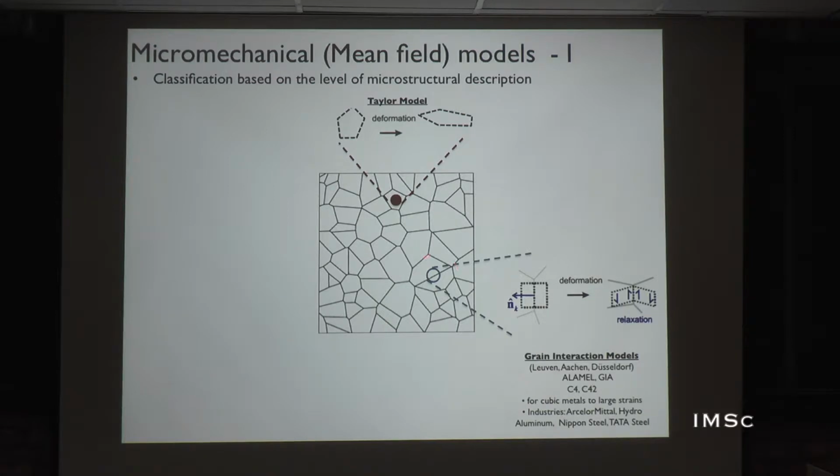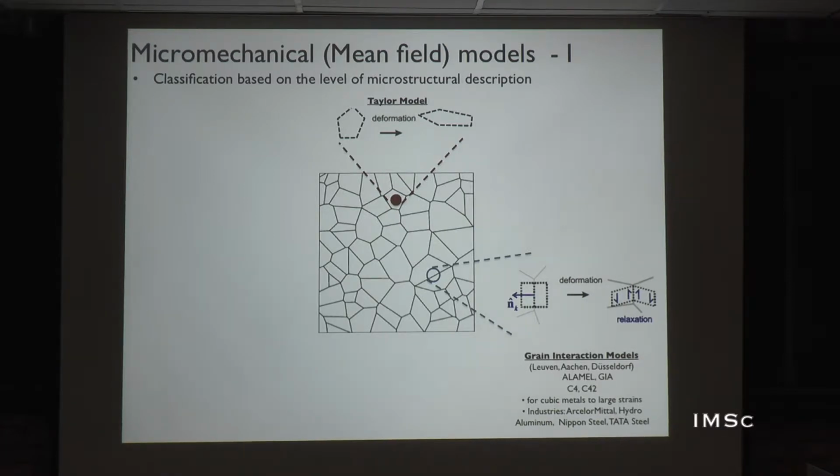Because then you are forced to say at a grain boundary, if you have two different crystallographic regions, you can satisfy the continuity conditions, and then say the overall response of the material is the averaged response of a bunch of grain boundary segments. By doing that, you are saying a region in a microstructure is influenced by its immediate neighbor. It need not see a long range field, but its immediate neighbor is important. So these are what are called grain interaction models.